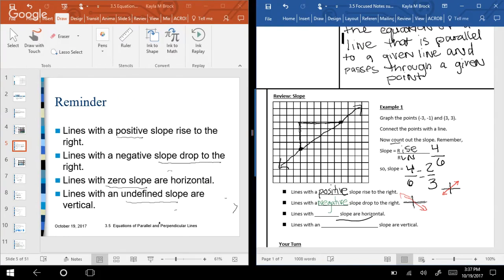So a negative slope would look like this line right here. Lines with a 0 slope are horizontal. A horizontal line would look like this.